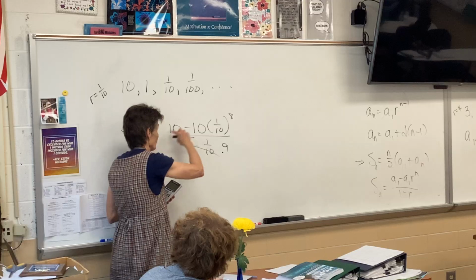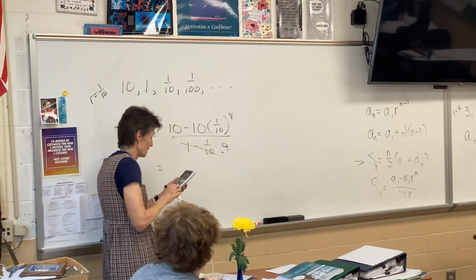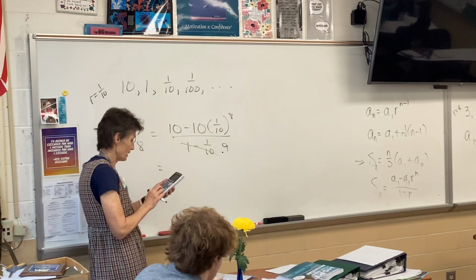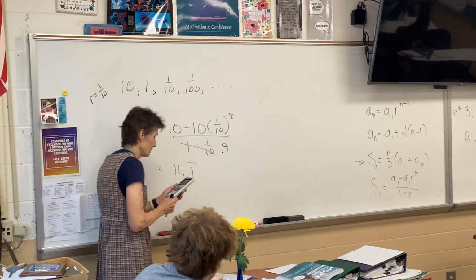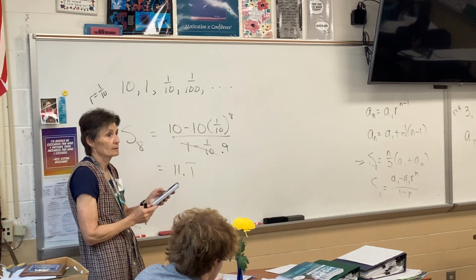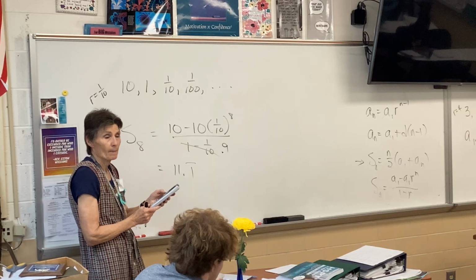Don't forget to hit equals. Hit equals after you type all that in, and then divide it by 0.9. And I got 11.1 repeating as my answer.